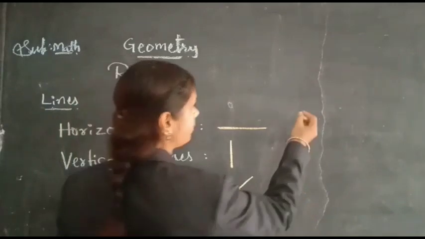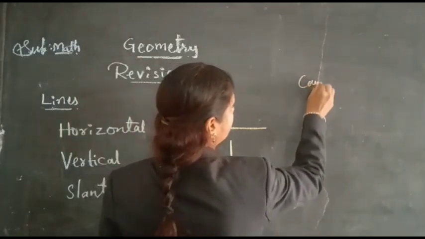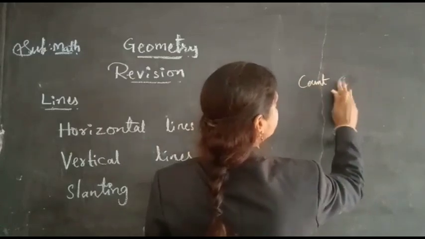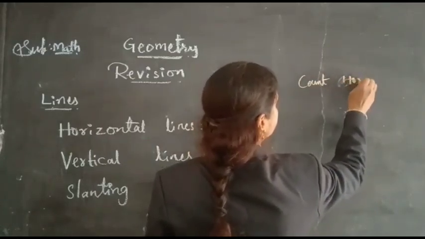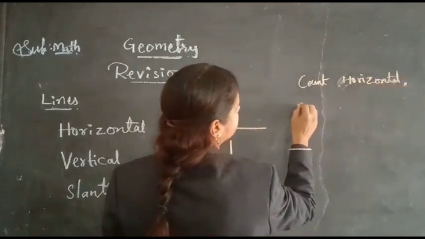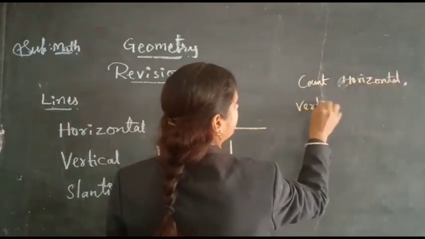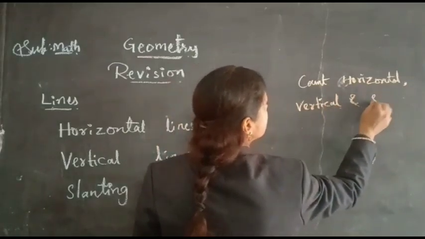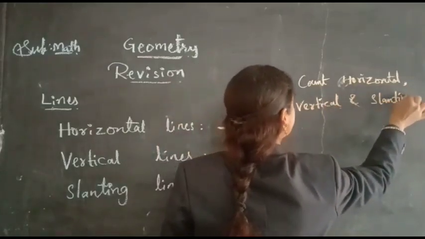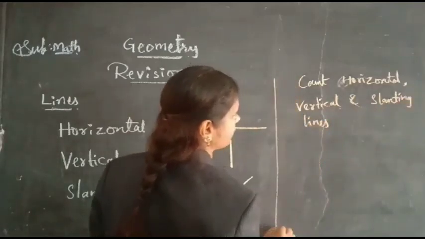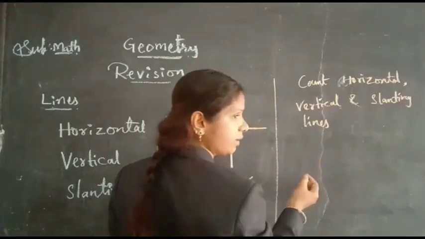Now I am giving one figure. You need to count horizontal, vertical and slanting lines in this. Now here I am giving one figure.